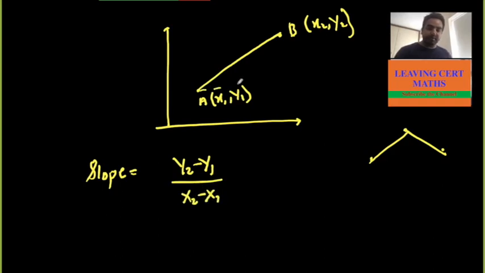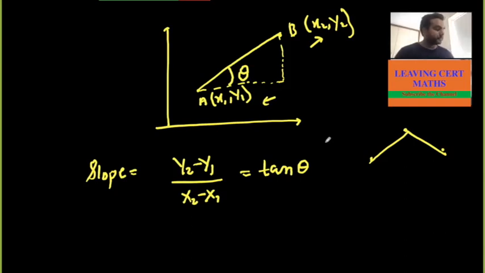Now slope also means, if you have this angle as theta, slope also means tan theta. So just remember, if they have given you the angle between the x-axis and the line, you can calculate the slope. In that case they will not give you x1, y1, x2, y2, right?